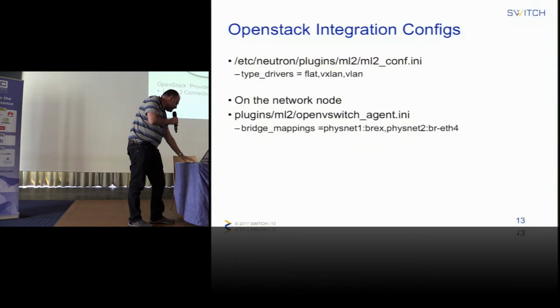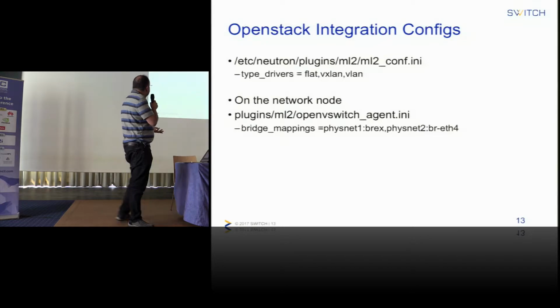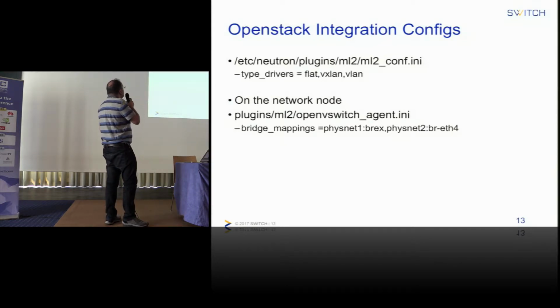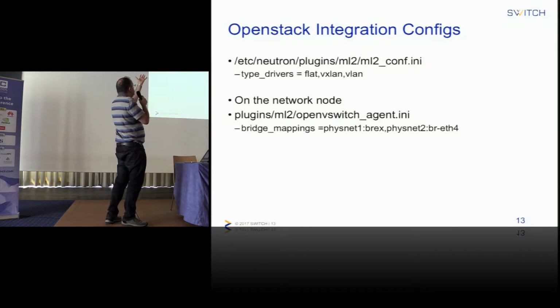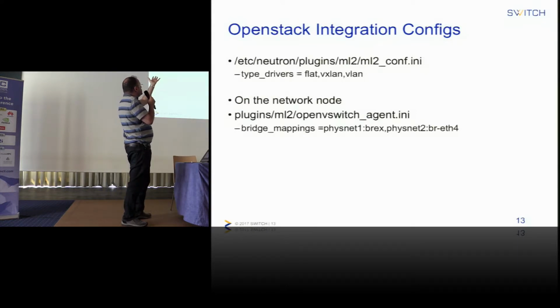How do we realize this setup? If you are familiar with OpenStack Neutron, you have to make sure that you have all the type drivers enabled. So your OpenStack Neutron should be able to handle VXLAN networks, but also flat networks. And then you have these bridge mappings. So on your network node, your network node is a physical box at the end. You have some network interfaces.